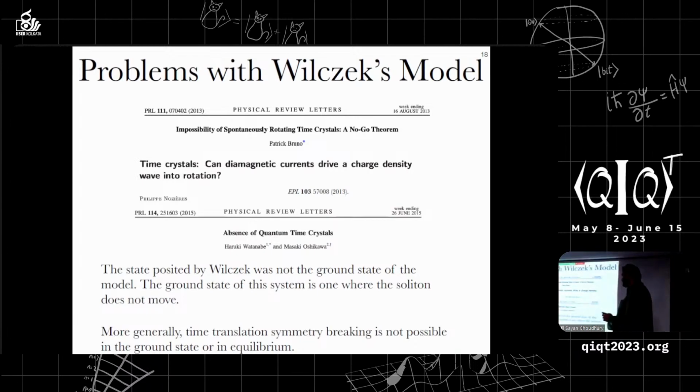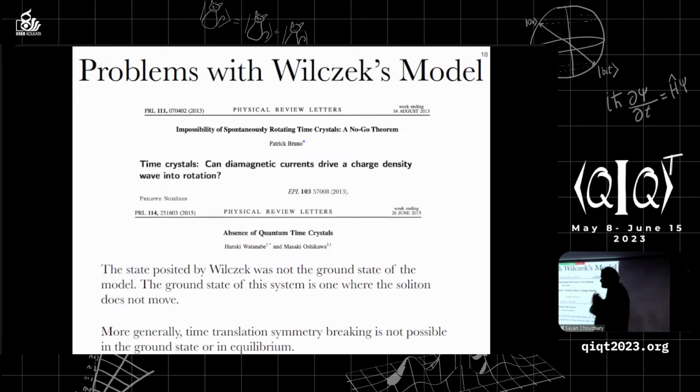So in fact, what was shown by Watanabe and Yoshikawa was that if you have reasonably short-range interacting systems, then you cannot actually break time translation symmetry in the ground state or in equilibrium.